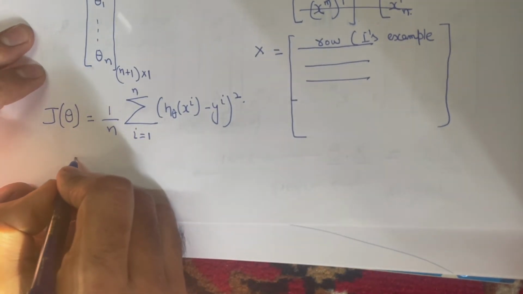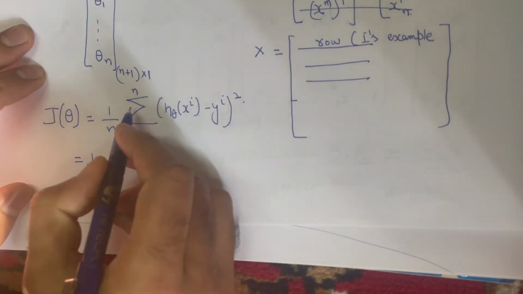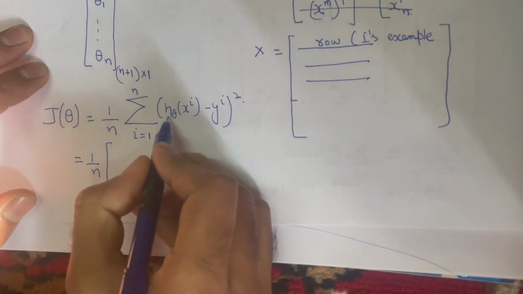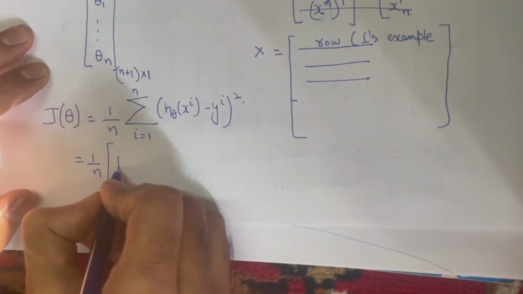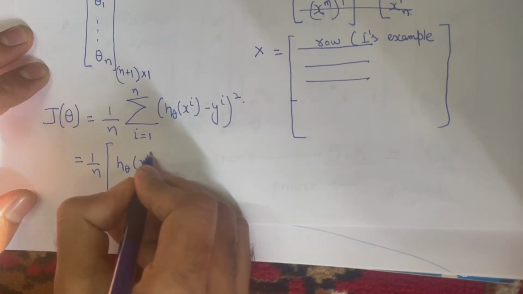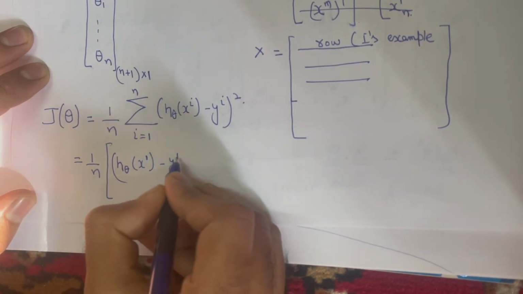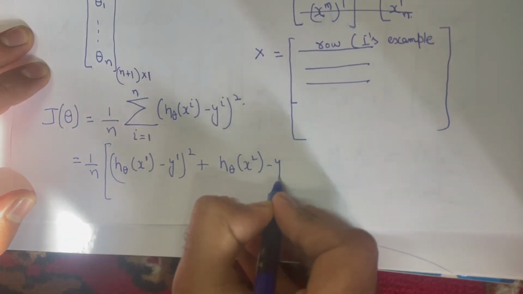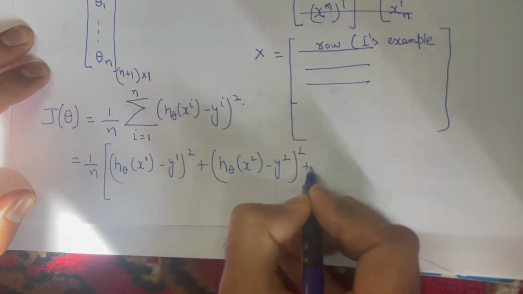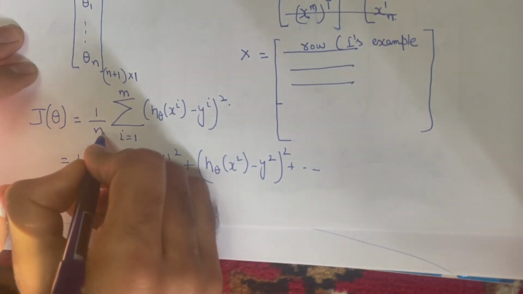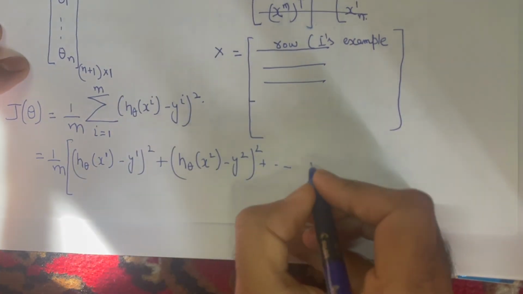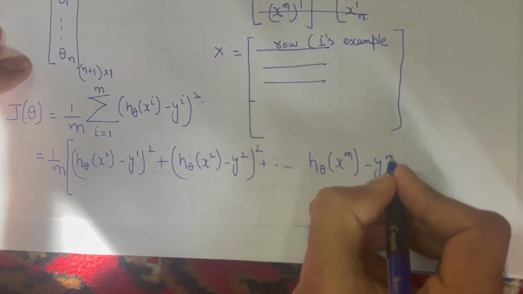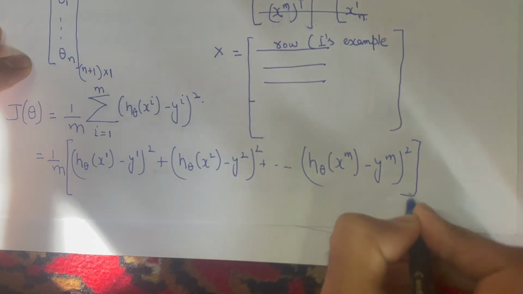Or I can also write this summation in expanded form: h of theta x1 minus y1 whole square plus h of theta x2 minus y2 whole square plus ... Sorry, not n, it is m, because we have total m examples. h of theta xm minus ym whole square. So this is our loss.